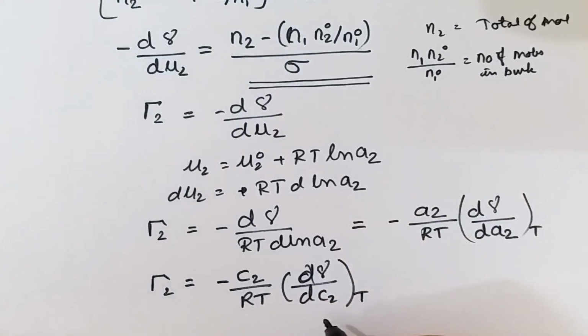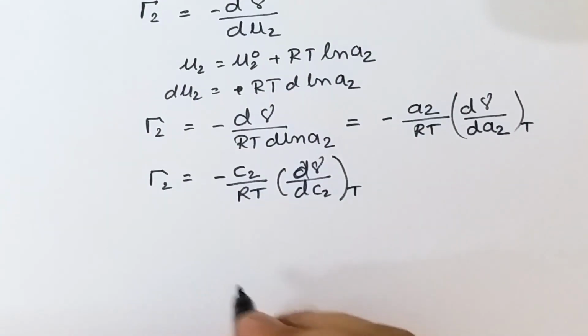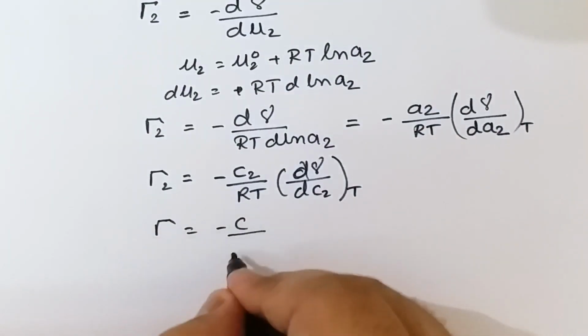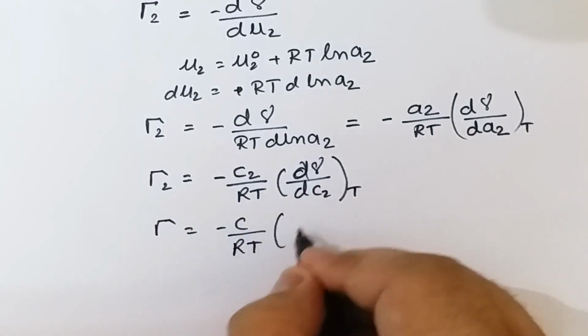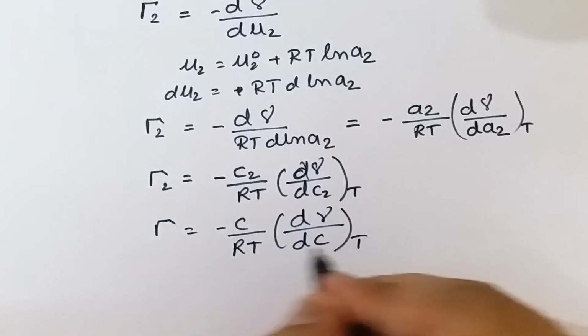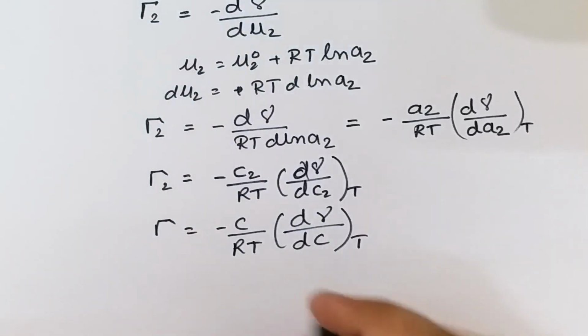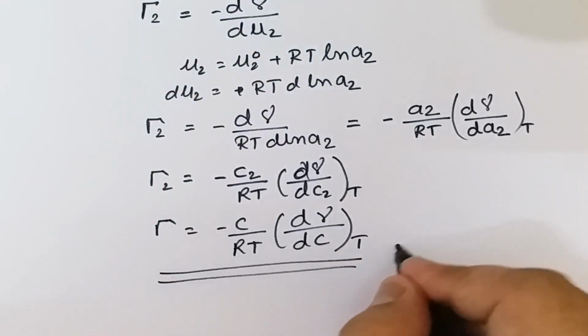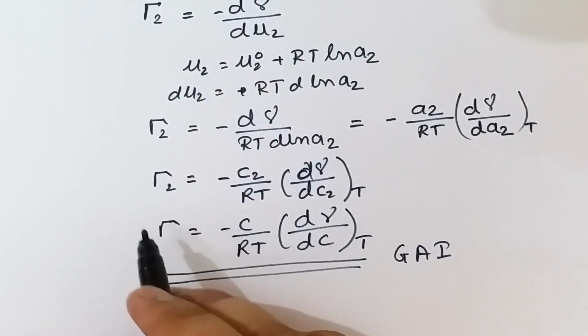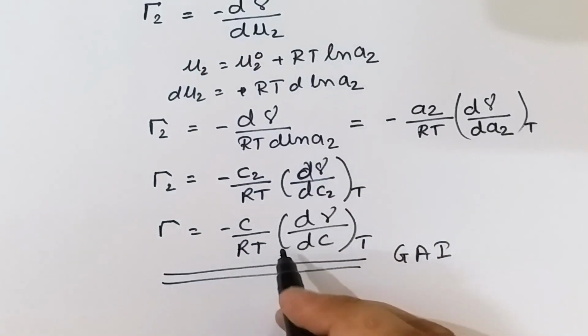We can generalize this expression by writing the surface excess gamma equal to minus C upon RT d gamma upon dC at constant temperature. So this expression is our Gibbs adsorption isotherm, which relates the surface excess with the thermodynamic parameters.